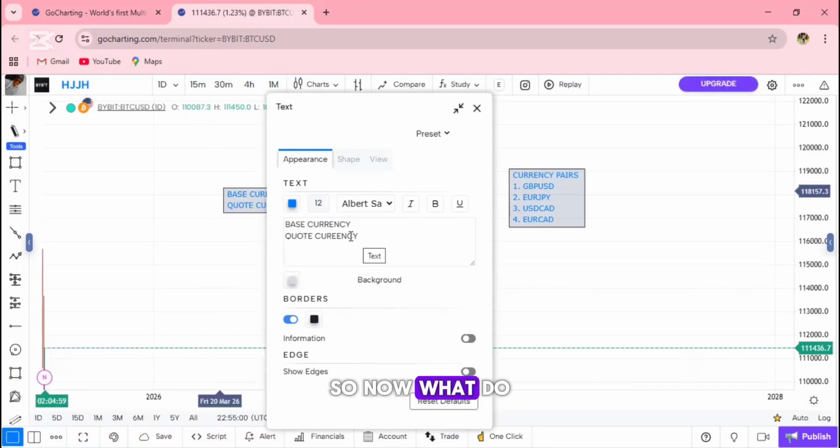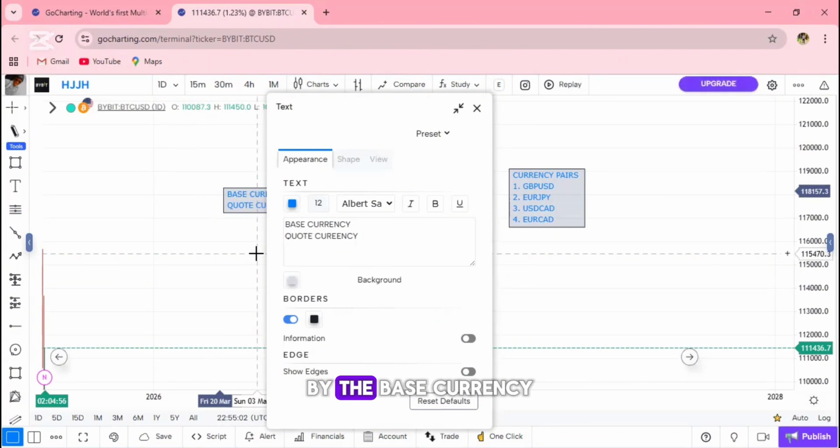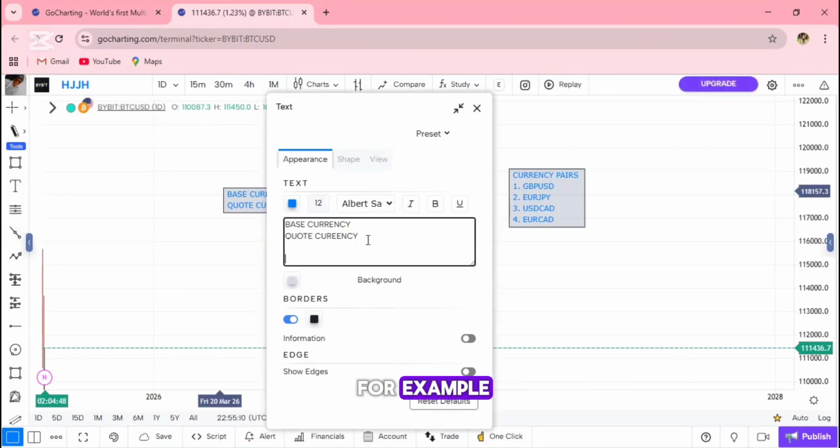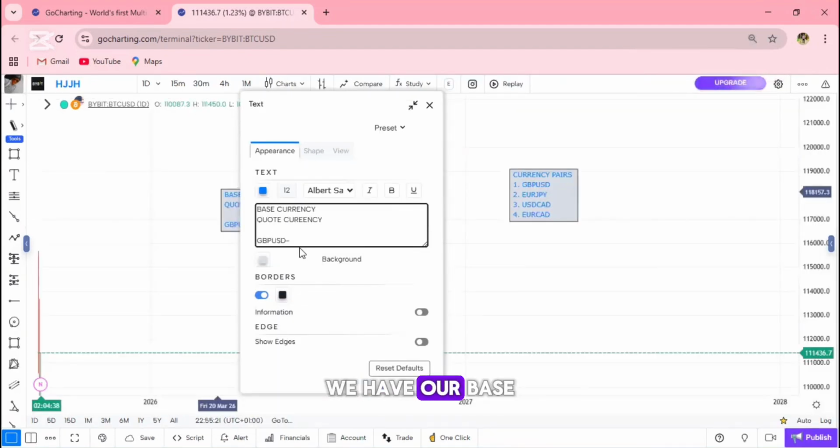So now, what do we understand by the base currency and the quote currency? Let's take GBP/USD for example. In this case, our base currency is the GBP, Great Britain pounds.